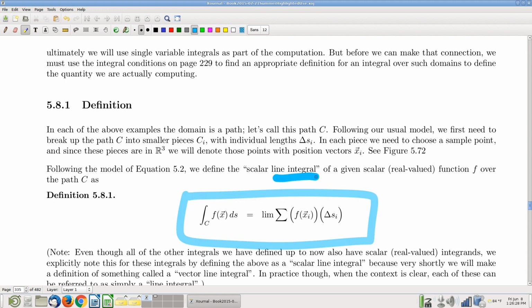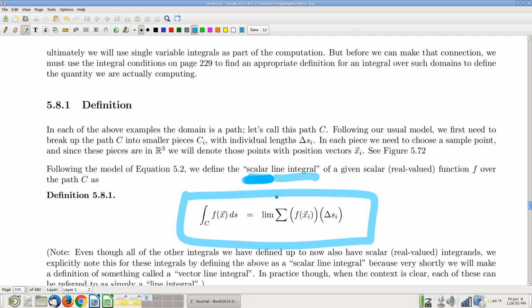Now, let me modify that term a little bit. I like to call this a scalar line integral. You can say line integral, and it's fine. If you say mass is computed as a line integral over the curve, everyone knows what you're talking about. There's no confusion. It's perfectly fine. Here's the issue. It turns out that there is a completely different concept that we're going to talk about next time, let's see, either Monday or Tuesday.